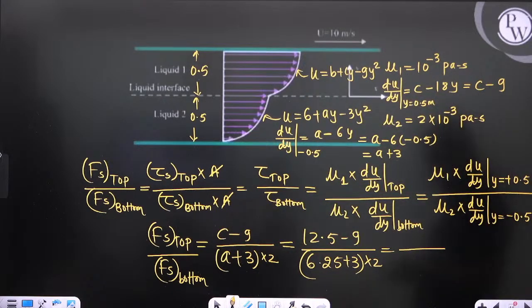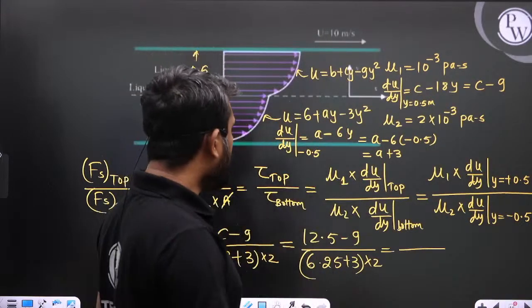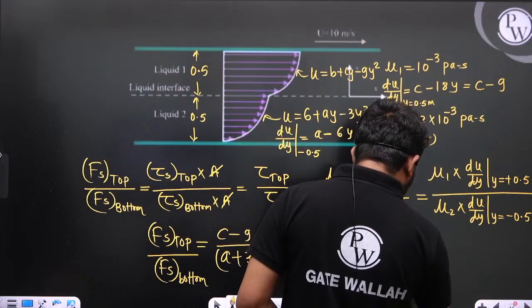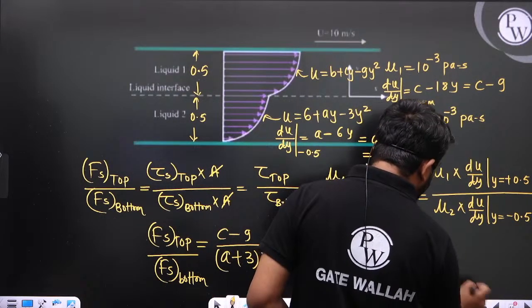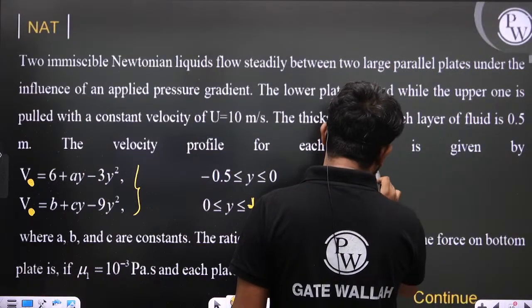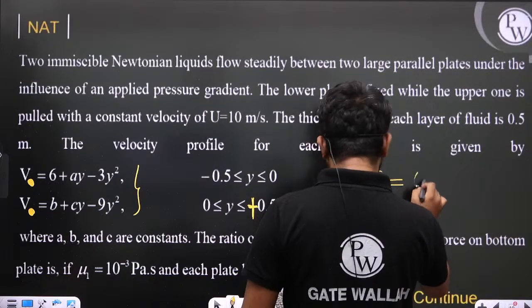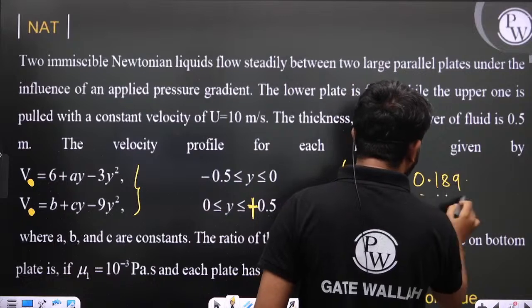So 12.5 minus 9 upon 6.25 plus 3 into 2 comes to 0.189. This is the answer. Fs top plate to Fs bottom plate, this ratio becomes 0.189.